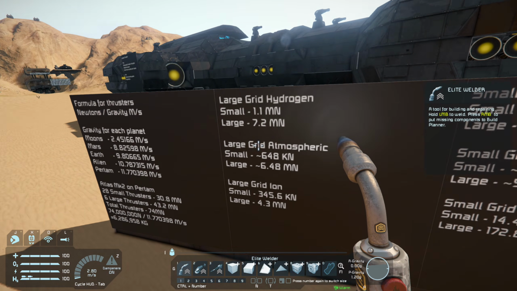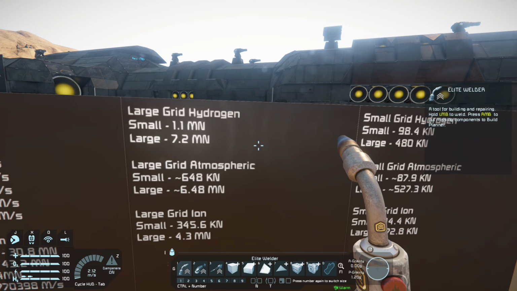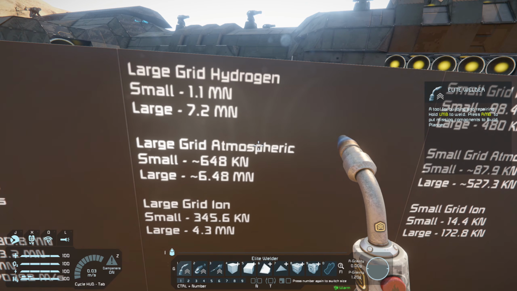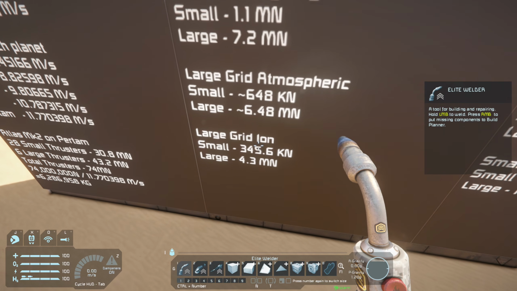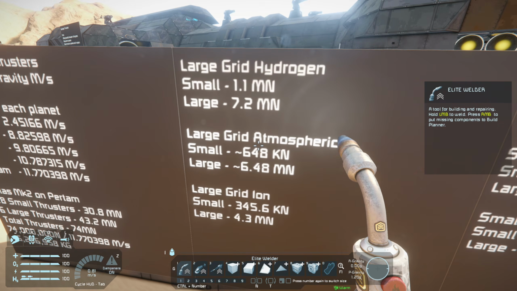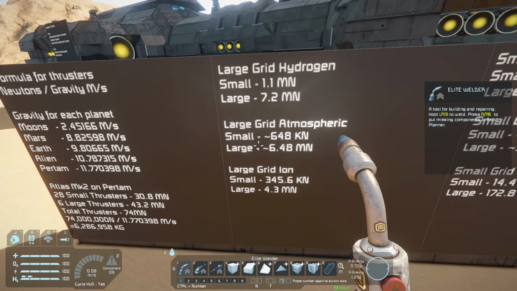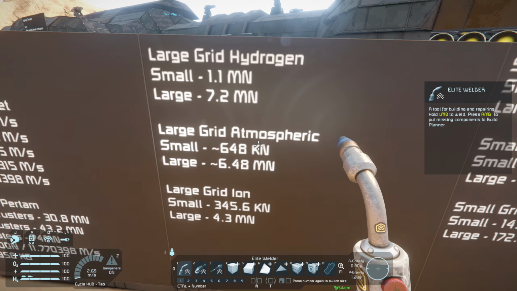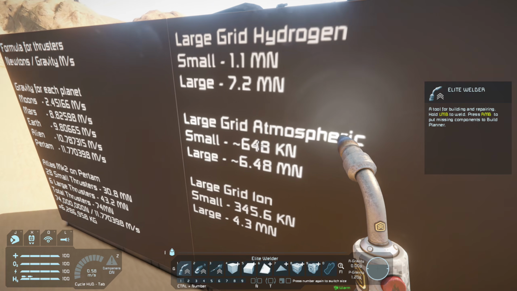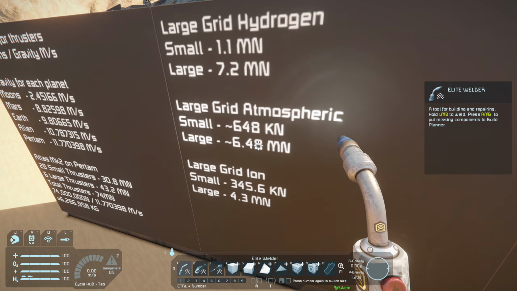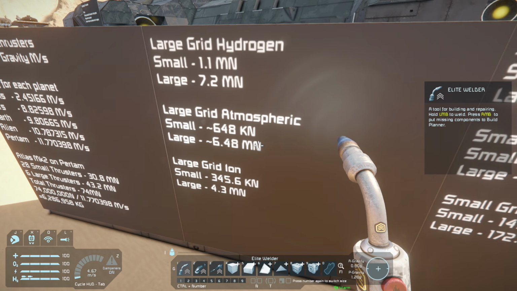Now obviously the values for all the different types of thrusters change, and you can see here we've got the large grid atmospheric and the large grid ion, and the values are all different. Kilonewtons is basically thousands of newtons, so that would be 648,000 newtons, and this would be 6.48 million newtons.